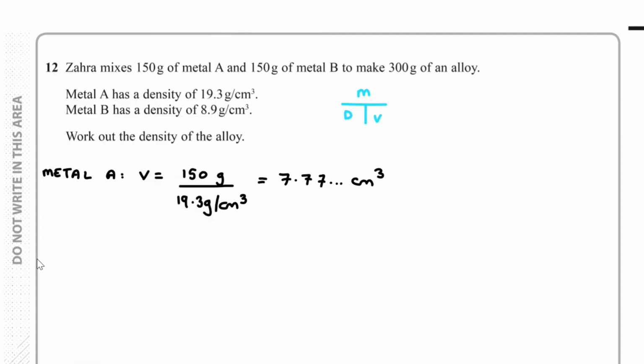If we now take a look at metal B, the volume can be worked out using a similar method. We have 150 grams over 8.9 grams per centimeters cubed.